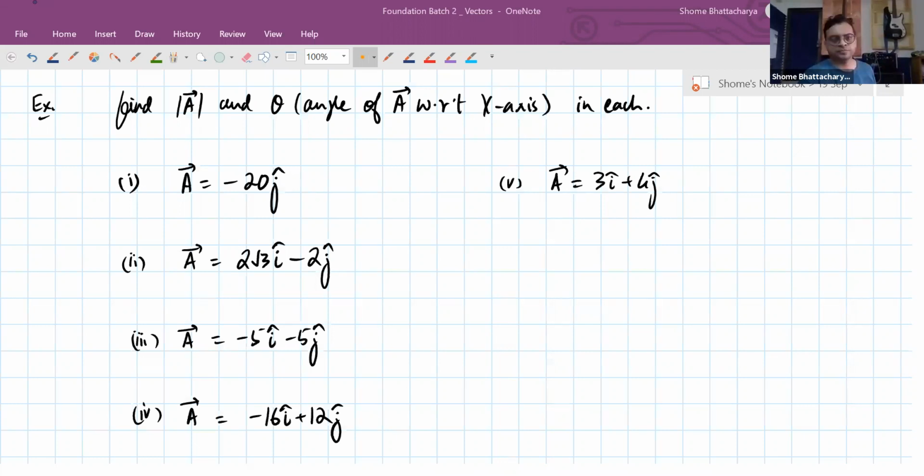Yeah, Bhavesh, correct for the first one. You can also give the angle as 270 degrees.